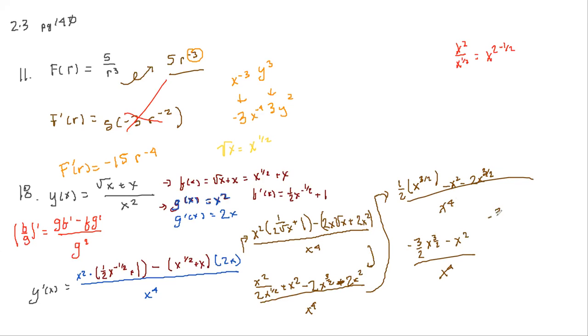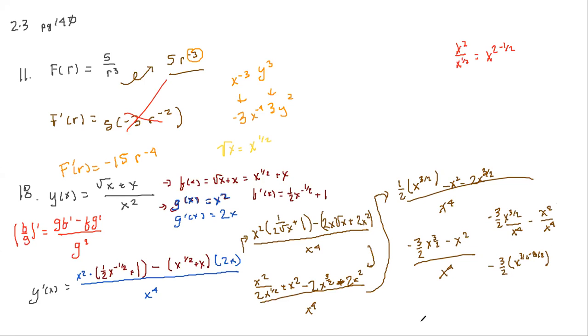Unless you guys are seeing any errors. So 4 is going to be 8 over 2.